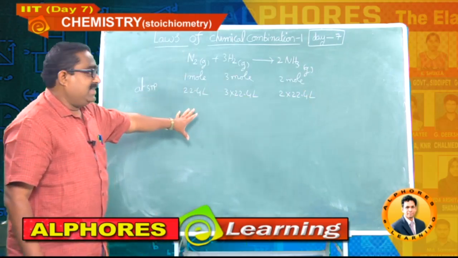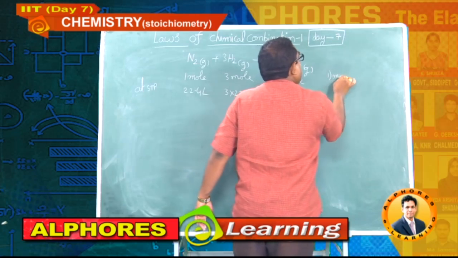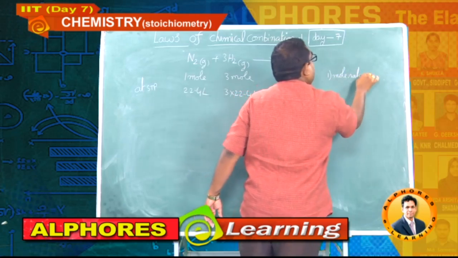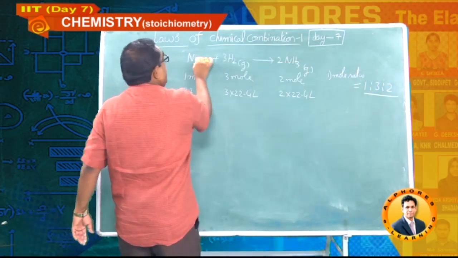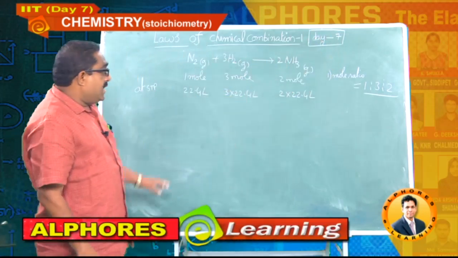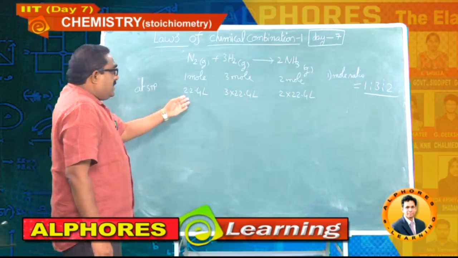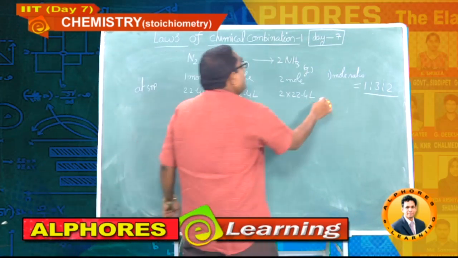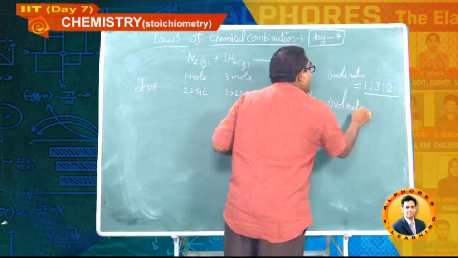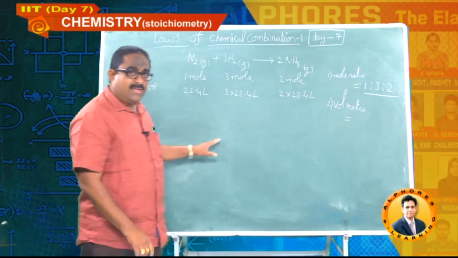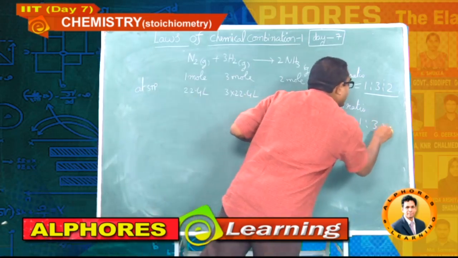Okay, please fix this. I am writing here, first one, mole ratio of reaction. What is the mole ratio of reaction? 1:3:2. Now, at STP, we know the GMV concept here. Second one, volume ratio I am writing, students. Please tell me the volume ratio. Same, I think. Yes, 1:3:2.